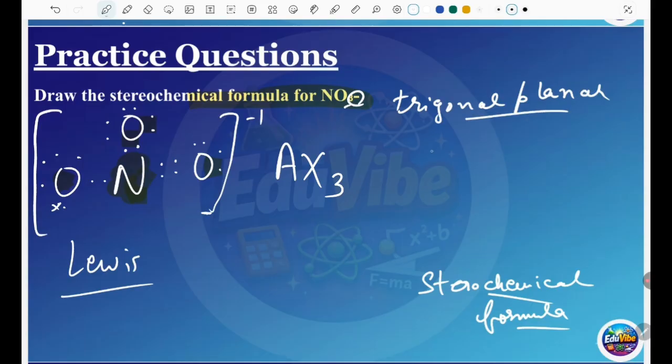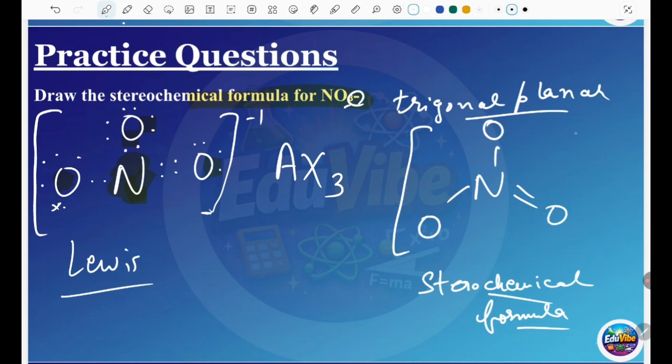And how can we make that? So we have N, the triangular pyramid. So this is O over there, this is over there, and this is a double bond over there. Or it should be bracket -1. That's how the formula we have to make from the VSEPR theory.